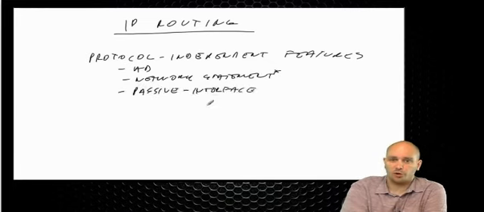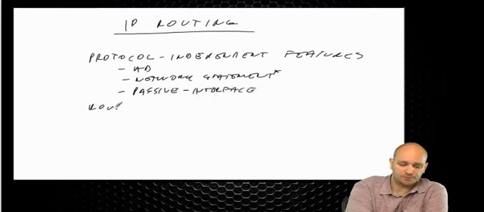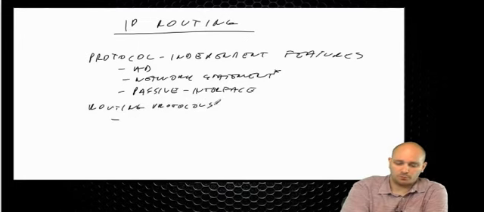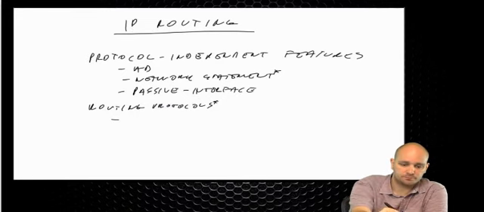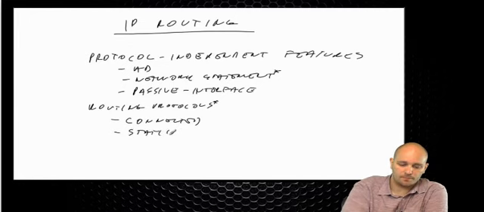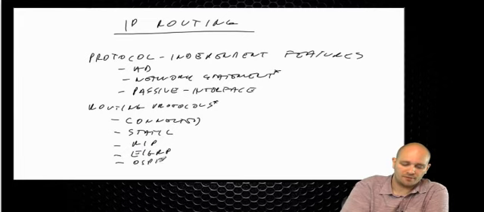And then of course we are going to talk about different routing protocols. And here, well, protocols, again, with an asterisk there. We're going to talk about the connected routes, static routes, RIP, EIGRP, OSPF, and of course, BGP.